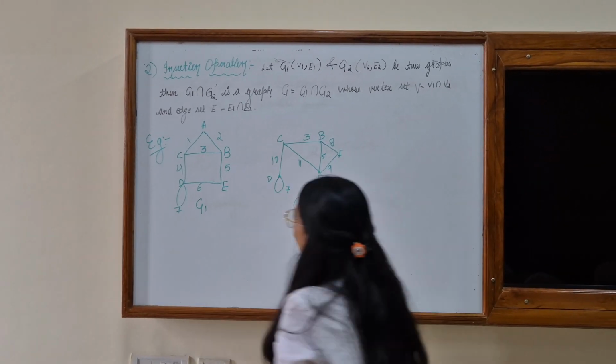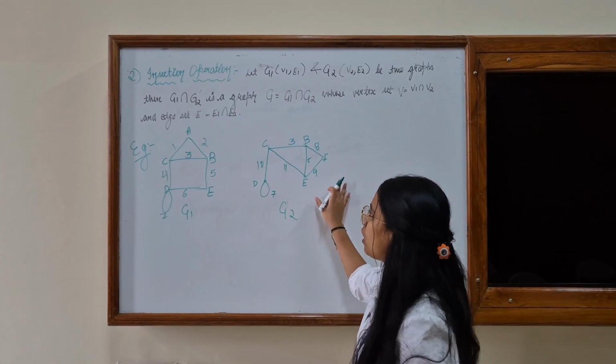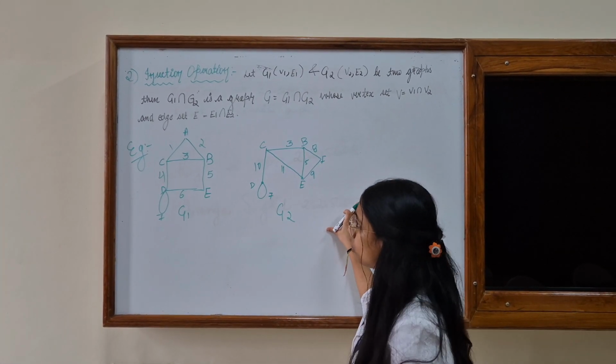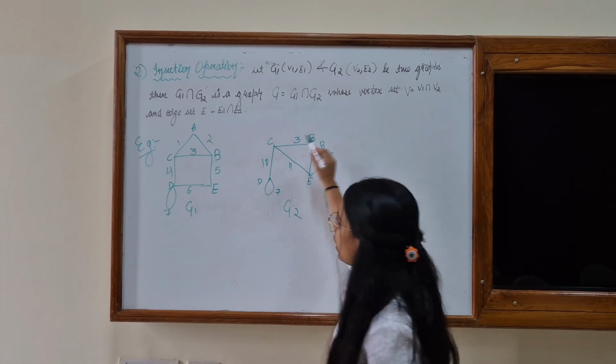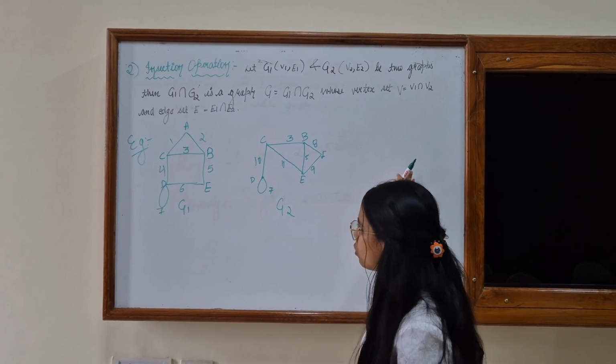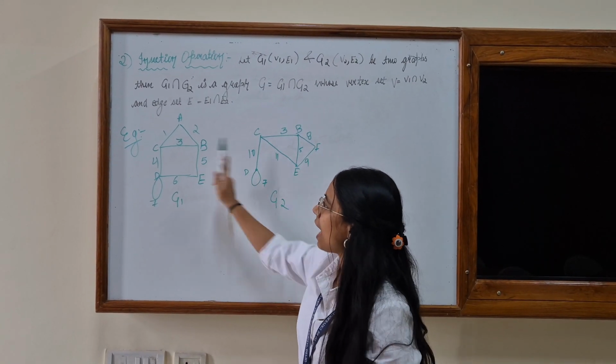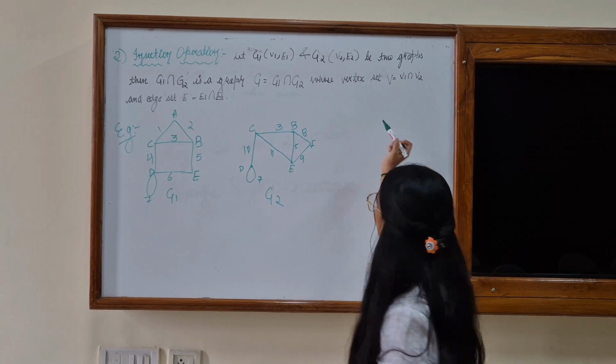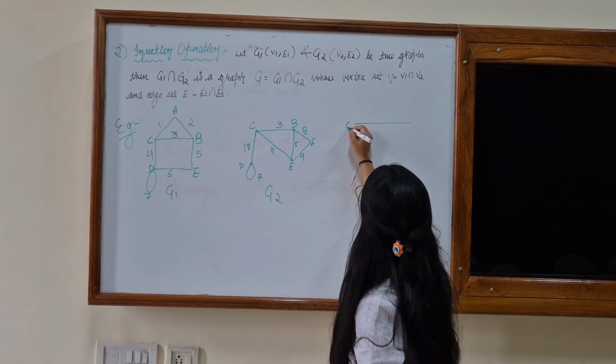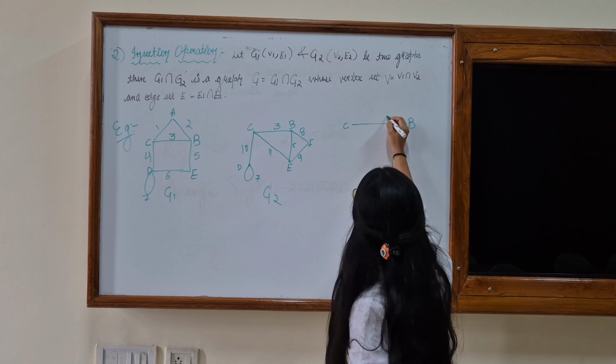So how will we draw this? First we see which have the same vertices. Edge AB is not present in both, so AB is not there. Now CB: both graphs have CB and the edge weight is also the same, so we will draw this first.